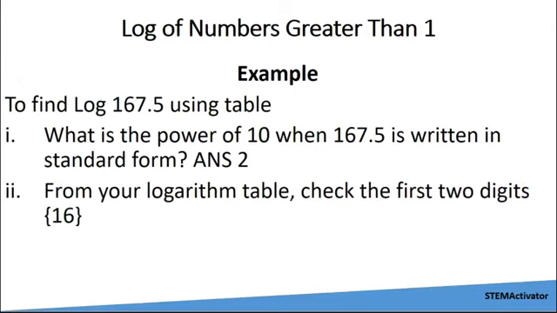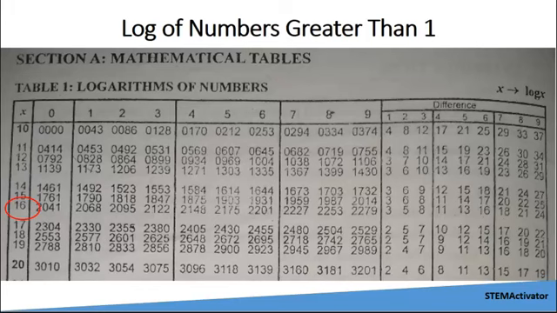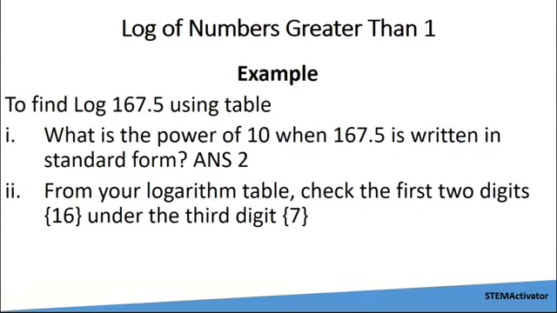Now, from your logarithm table, check the first 2 digits, which is 16. You are going to check that 16 in your logarithm table. Can you see the 16? Now, just look at it horizontally. We are going to check that 16 going under the third digit, which is 7.